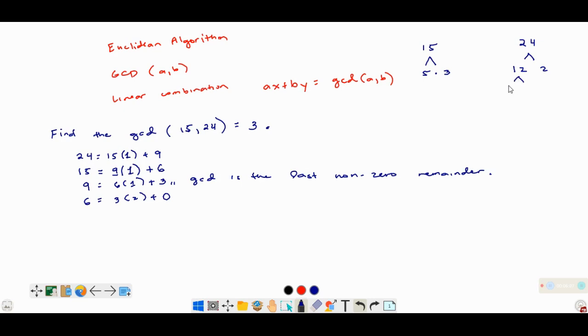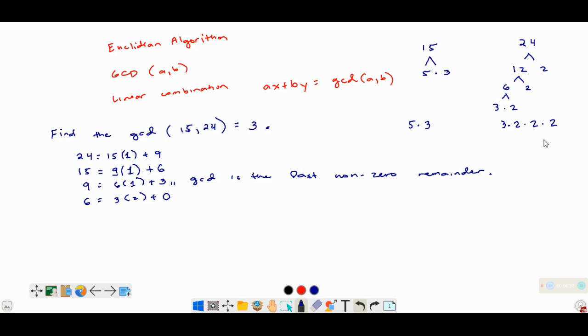We have here 6 times 2. 2 is also a prime. Let's break them up again. So we have 3 times 2. So the prime factors of 15 are 5 and 3, while for 24, the prime factors are 3 times 2 times 2 times 2.